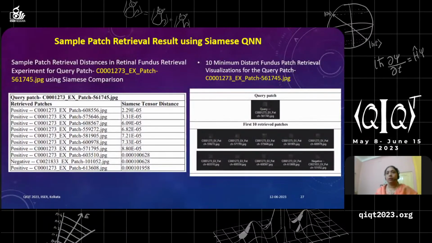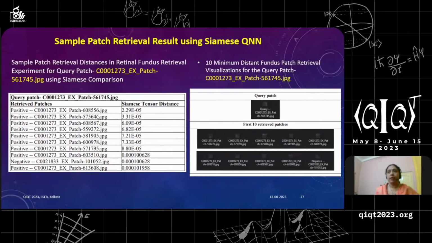Now, regarding the results that we obtained while implementing the quantum neural network within the Siamese architecture. We considered a particular sample query patch, and in the left side table we have shown the K value we have considered, equal to 10.